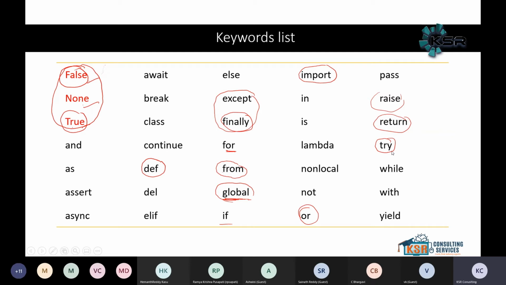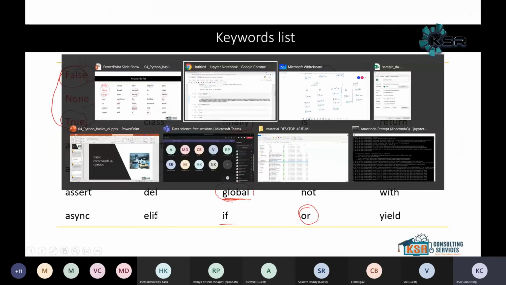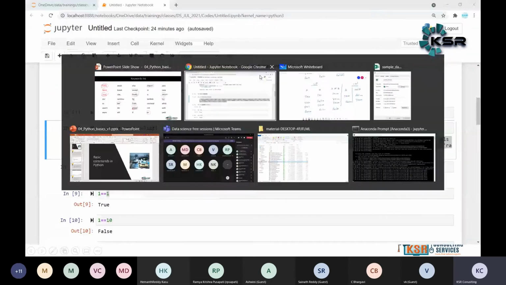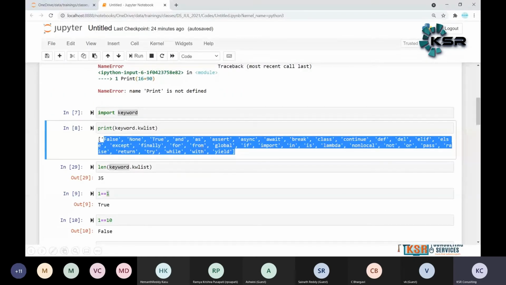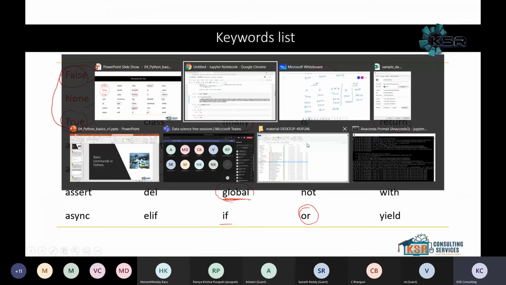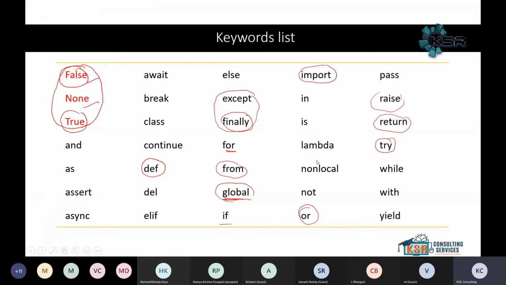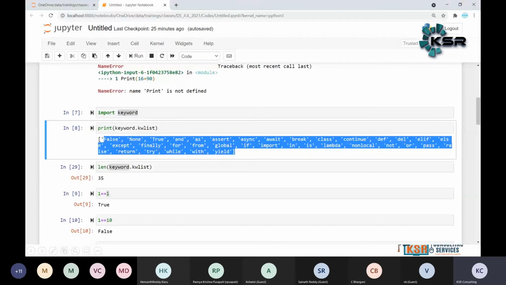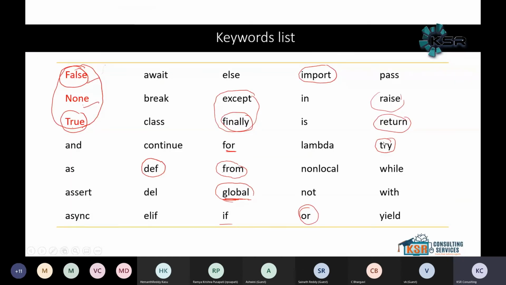False, None, True, and, as, assert, async, await, break, class, continue, def, del, elif, else, except, finally, for, from, global, if, import, in, is, lambda, nonlocal, not, or, pass, raise, return, try, while, with, yield. These are the values, exactly the same.